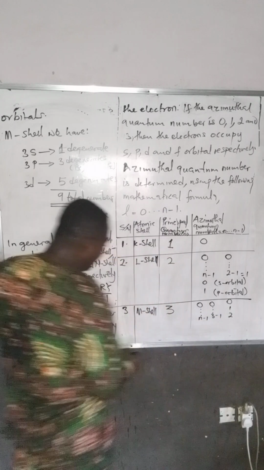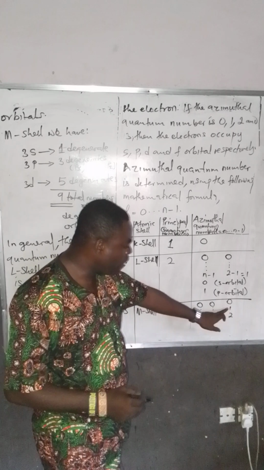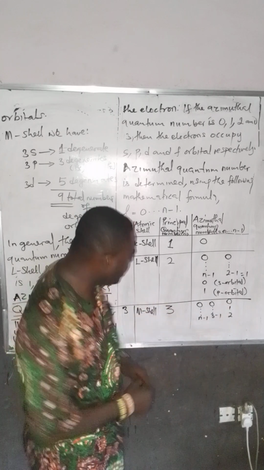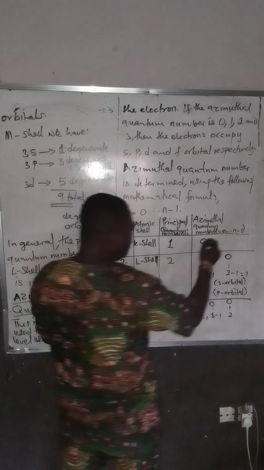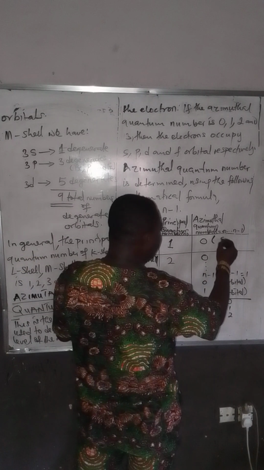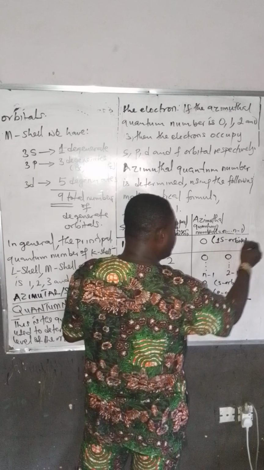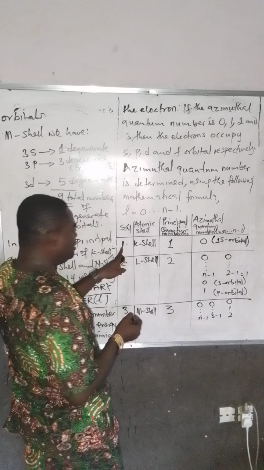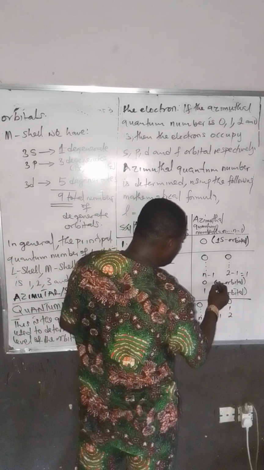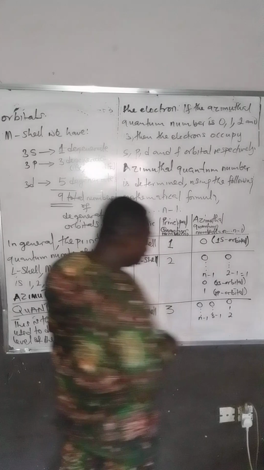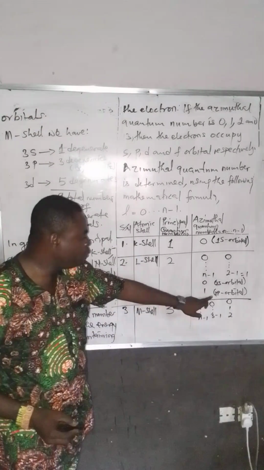So the M shell now contains azimuthal 0, 1, and 2. Now, the K shell has the 1s orbital, because the principal is 1. And the L shell contains 2s and 2p, as we said before.